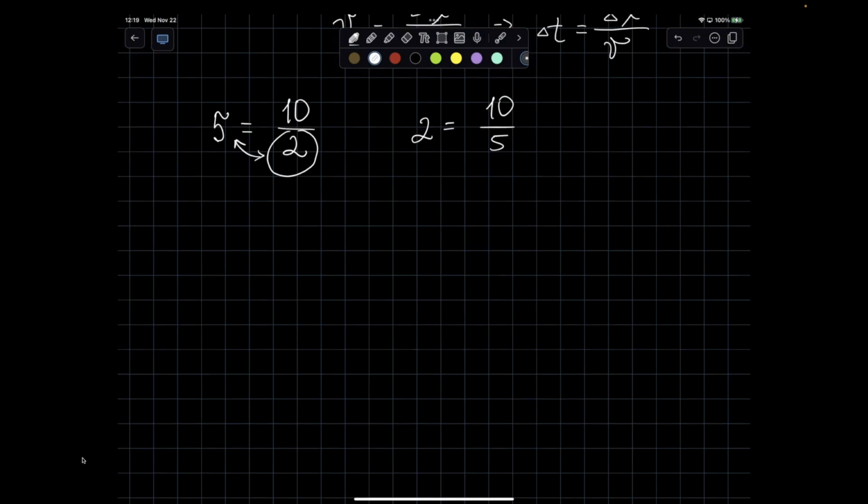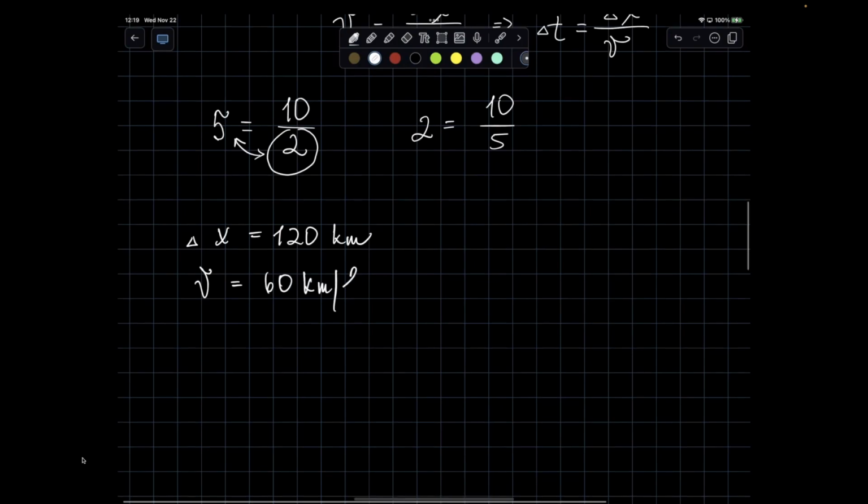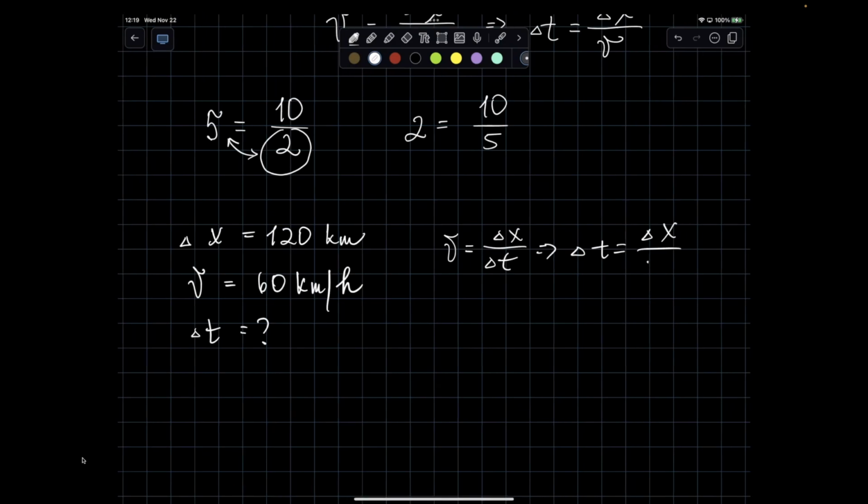So going back to example, let's say that my displacement is 120 kilometers, and my v is 60 kilometers an hour. How can I find the time that it will take me to travel 120 kilometers at 60 kilometers an hour? So formula is, again, change in x over change in t, from where change in t is going to be change in x over v.